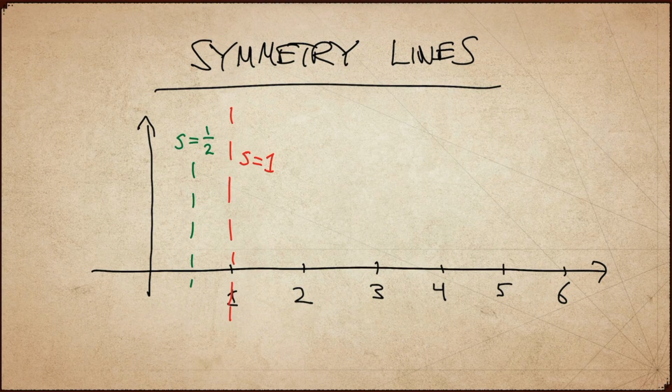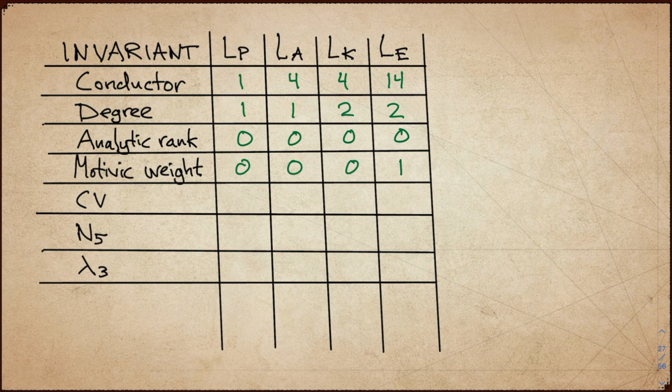And this 1/2 step is related to the motivic weight being 1. If you found the Ramanujan delta function in the LMFDB, you have seen that the symmetry line for that L function is all the way up at the number 6, and the motivic weight is 11.